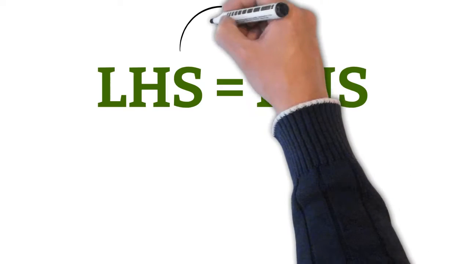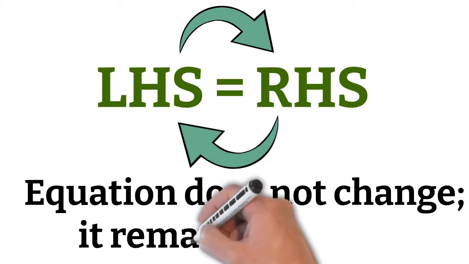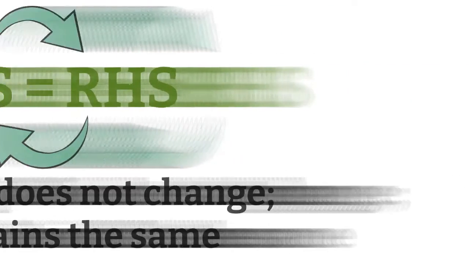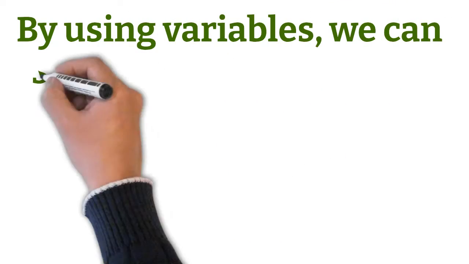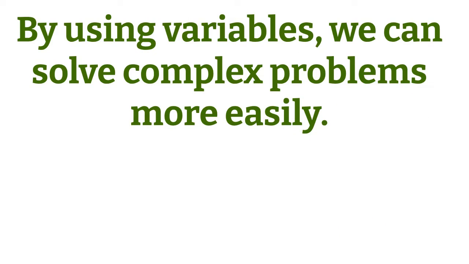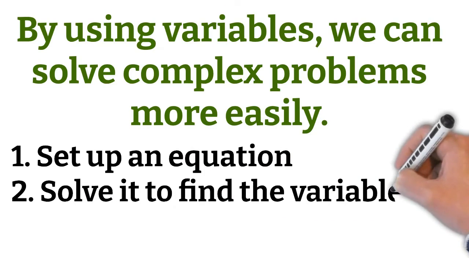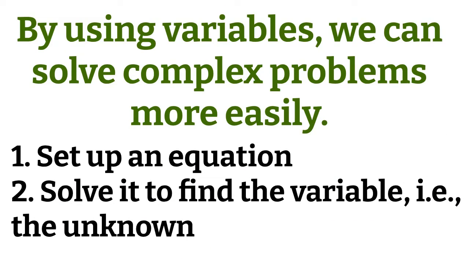Note that by interchanging the LHS with RHS, the equation does not change. It remains the same. By using variables, we can solve complex problems more easily. And for this, first we have to set up an equation and then solve it to find the variable, that is the unknown.